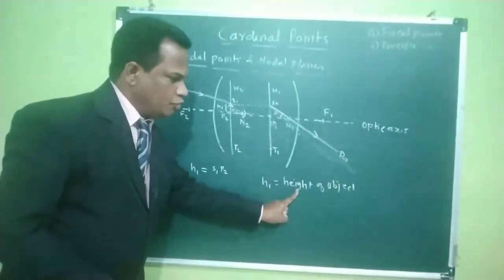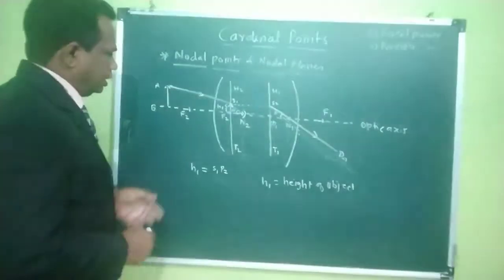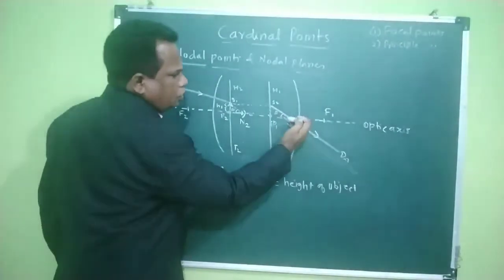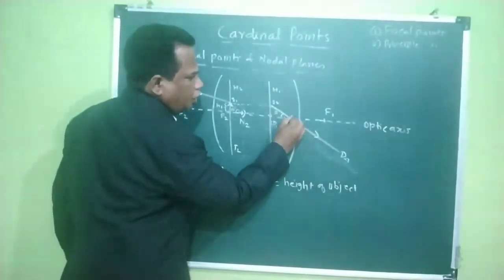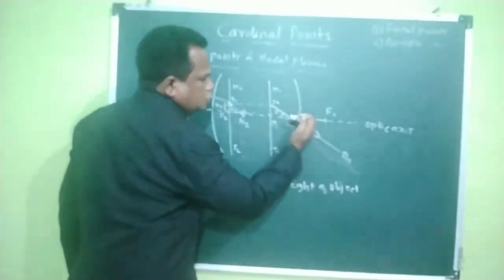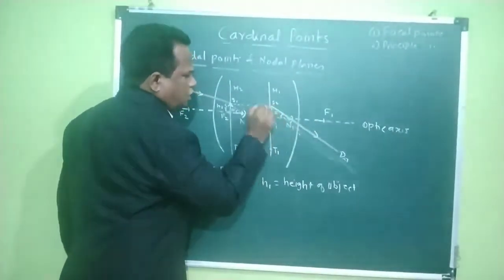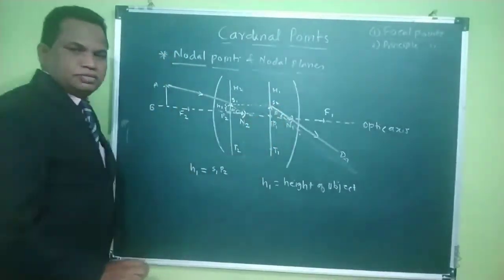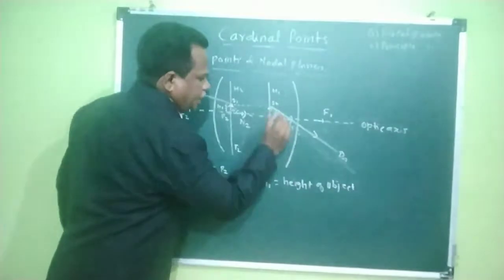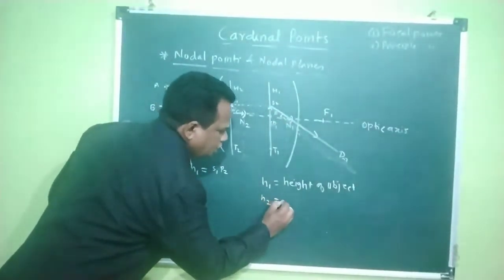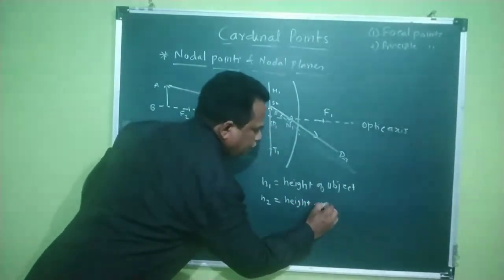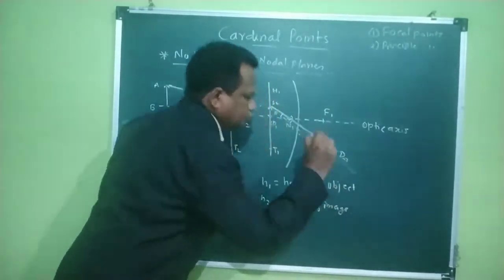Similarly, if I look from the other side, what we can observe is the image of this object. So H2 is the height of the image.